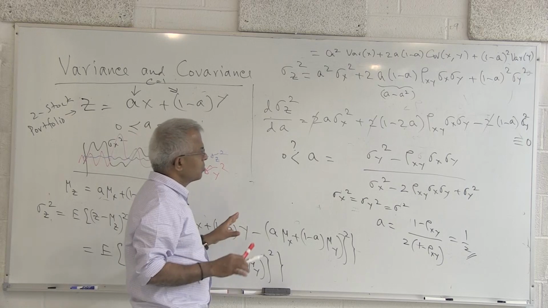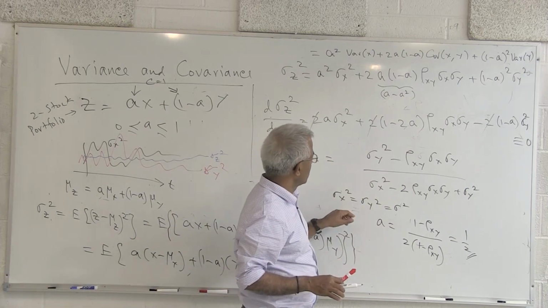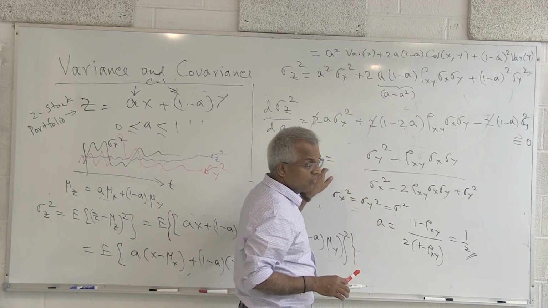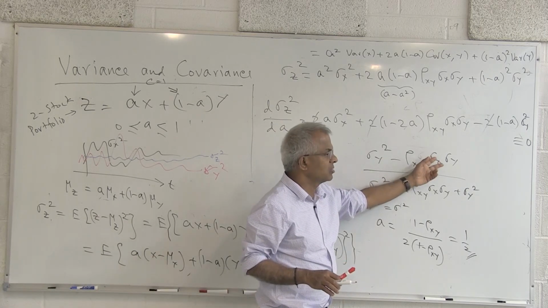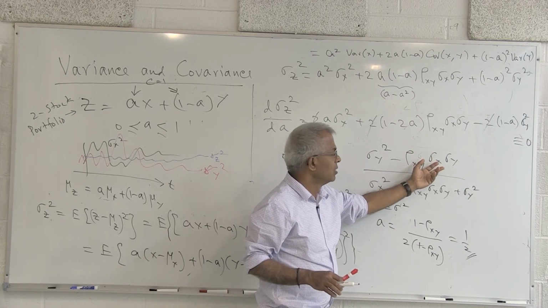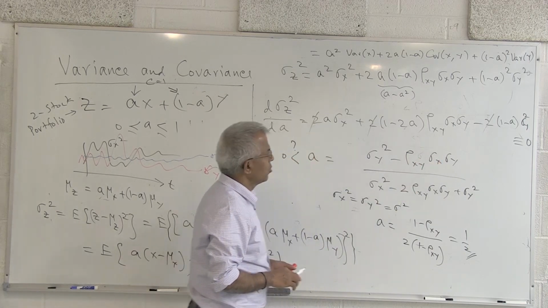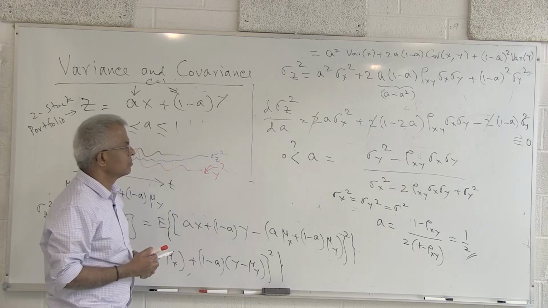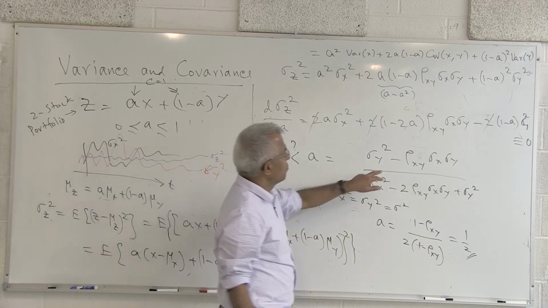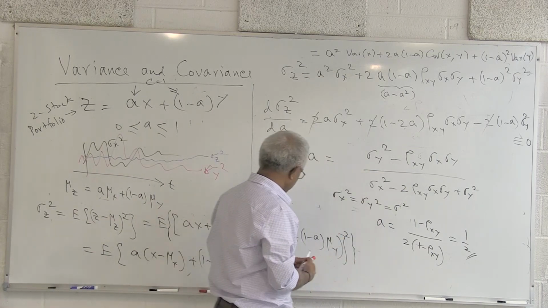So if you want to diversify, if you want to put your money unequally, then you need to look for two stocks or entities which have unequal variance also. Another thing you can see for sure is, suppose rho is negative.